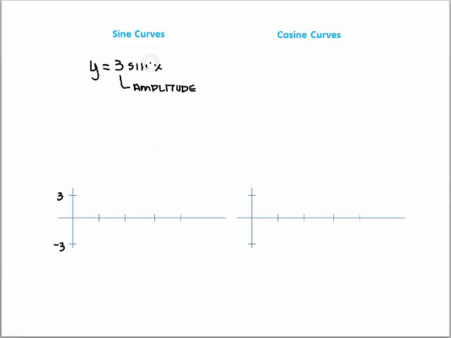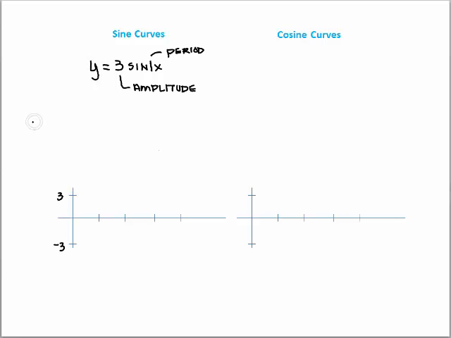Now right here, you can put a 1 in here since there's no other number in that. And that refers to the period. Now in this case, since it's 1, our period is 2 pi.